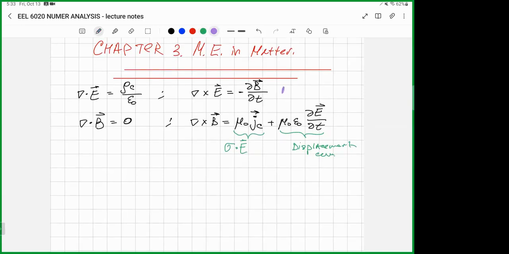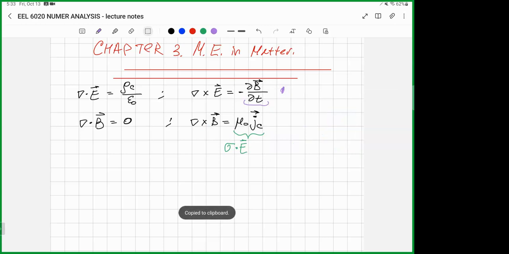If you look at these two equations for the curl of the electric and magnetic field, the curl of the electric field has this time derivative of the magnetic field on the right side. And before Maxwell, the second equation didn't have the displacement current, only the conduction current.